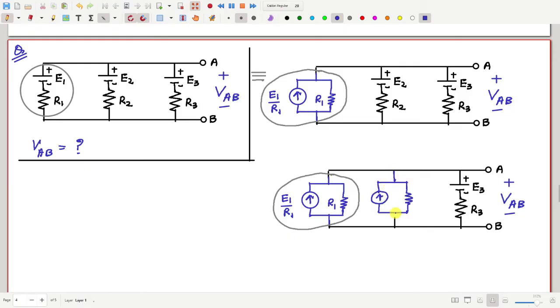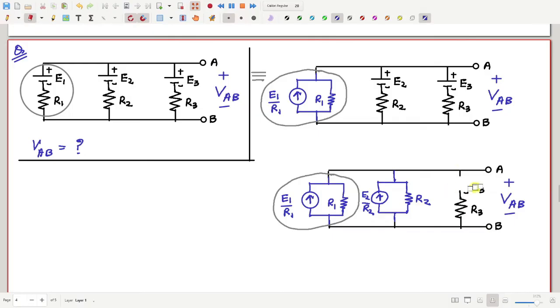What should be the value of this resistance to keep it equivalent to the original one? It should be R2. What should be this current source value? E2 by R2. Excellent. Now, this new circuit is still equivalent to the original circuit in the sense that the black color portion is unchanged. So voltage VAB is still unchanged.